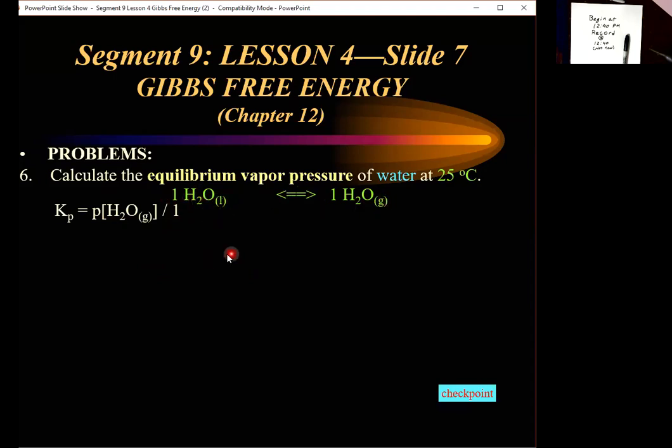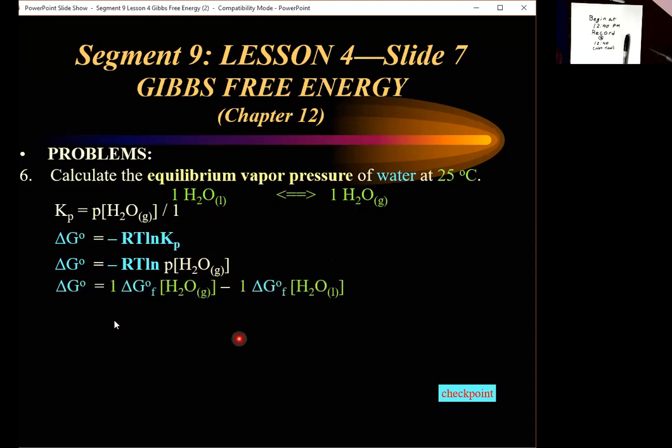We're only doing pressures. Okay, so delta G is minus RT log Kp, and delta G is minus RT log of the vapor pressure of water at equilibrium. And delta G is delta G of the gas minus the delta G of the liquid.